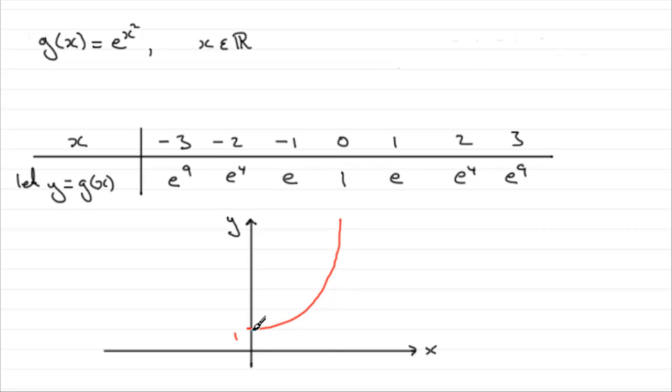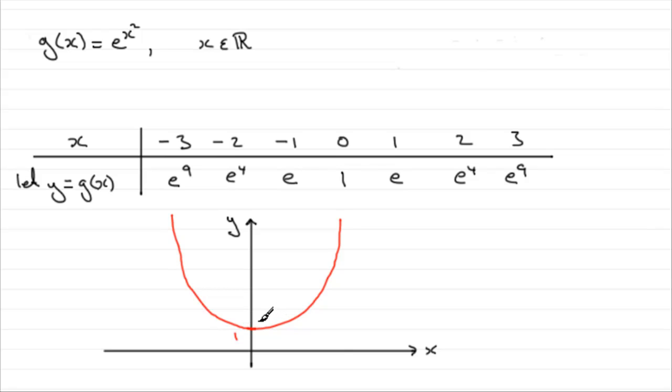And because we've got symmetry to the left here for values of x less than 0, we're going to have a reflection in the y-axis. Something like this, okay? I know it's not a perfect reflection, but hopefully that gives you some idea.